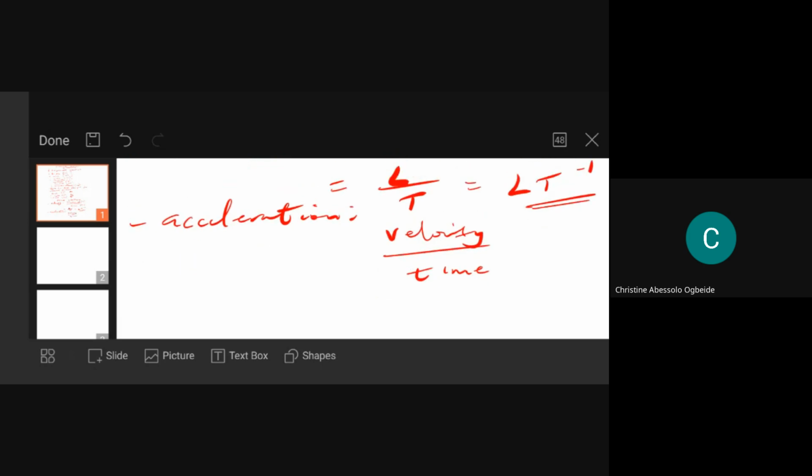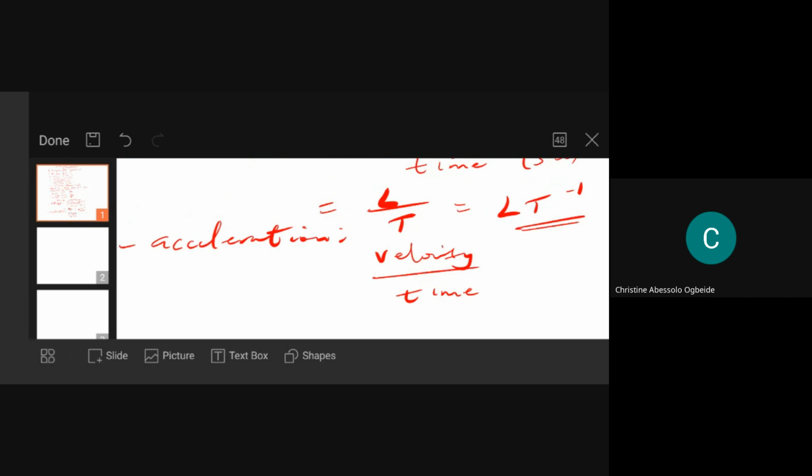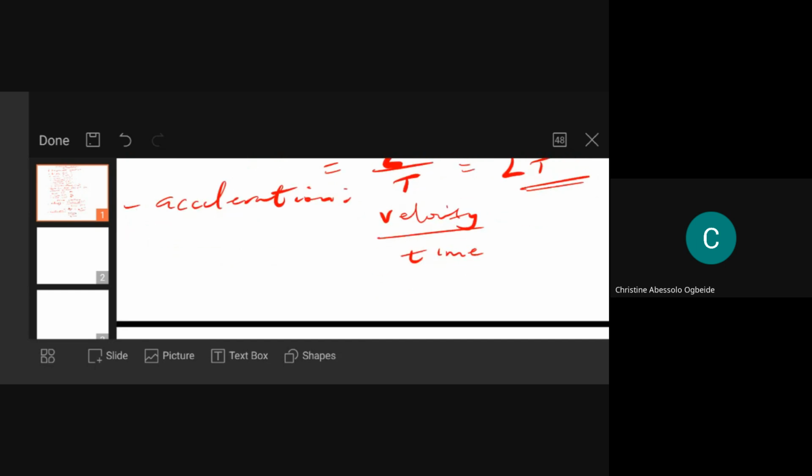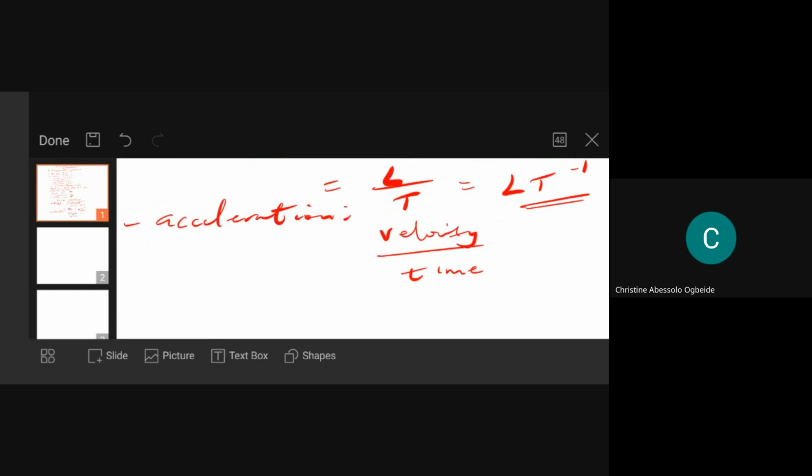And clearly, you've already seen that we found the dimension for velocity, which is LT raised to power minus 1. So I can write the dimension for acceleration as LT raised to power minus 1 divided by T, which is the time.